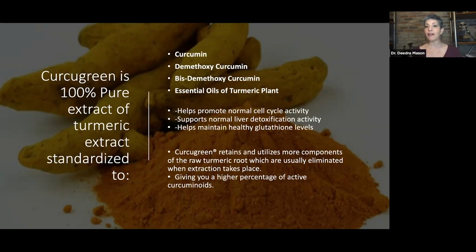One of the huge benefits to curcumin is female and male health as they age. It promotes normal cell cycling, promotes normal liver detoxification, and just like that, selenium is beneficial in creating glutathione. So we want to make sure that we are constantly toggling back and forth with these very, very powerful antioxidants. Curcumin is so unique on the market because it doesn't use solvents to get to that whole root curcumin, right?